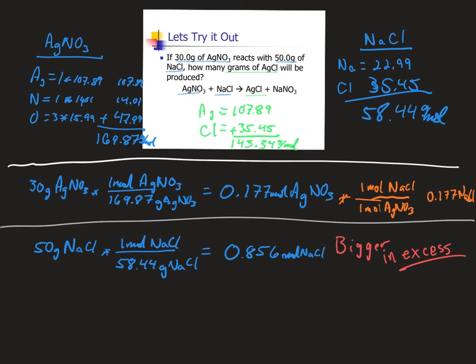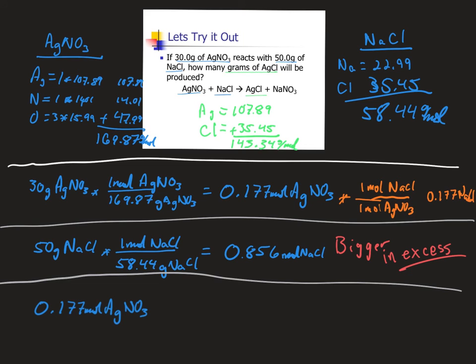So I'm going to take and convert my silver nitrate and split that off. Now I'm going to convert that into my silver chloride utilizing my balanced chemical reaction.